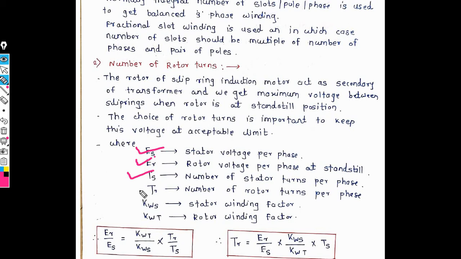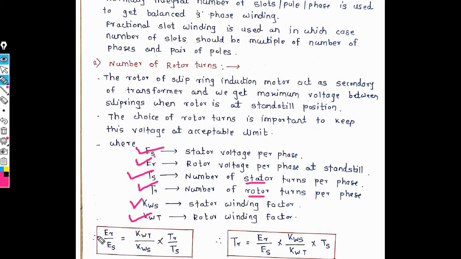TR means number of rotor turns per phase. S indicates stator and R indicates rotor. KWS means winding factor of the stator, and KWR means rotor winding factor. These symbols are very important to find the solution for rotor turns.